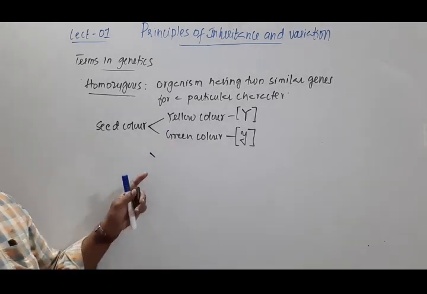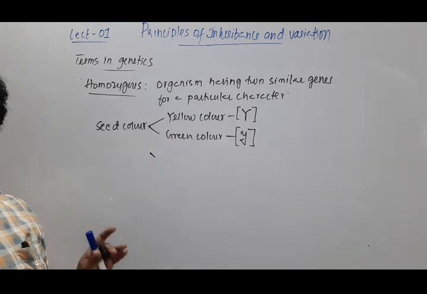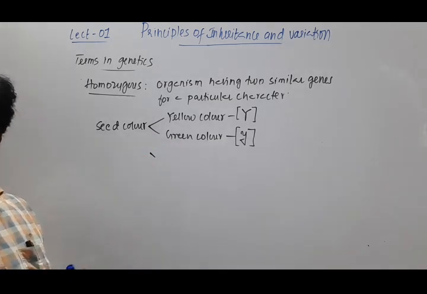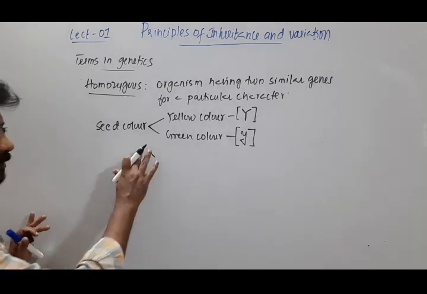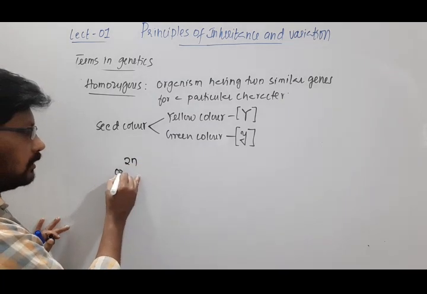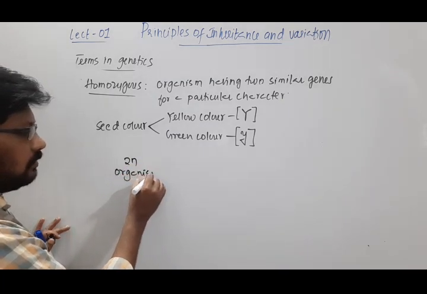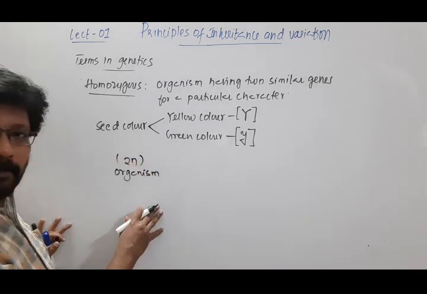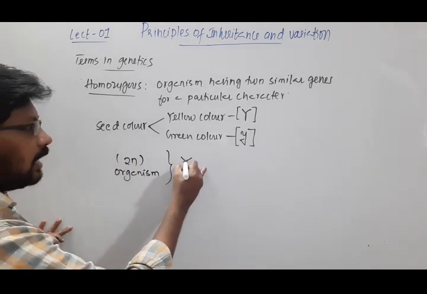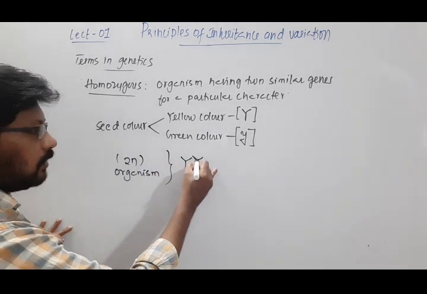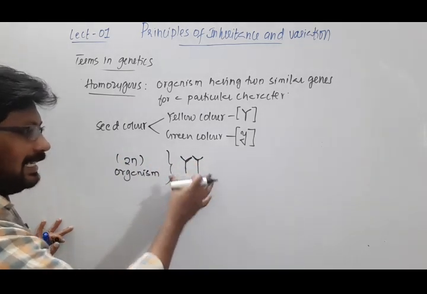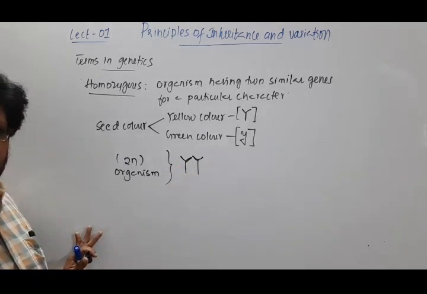Now, in an organism, especially in the case of diploid organisms, there will be two alleles for a character. For any character you take, there will be two alleles in a diploid organism. So if you are considering a diploid organism, we need to take capital Y and capital Y. You can see here both alleles are of the same type.